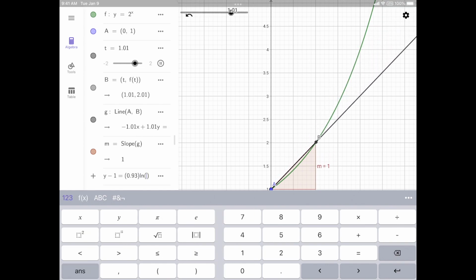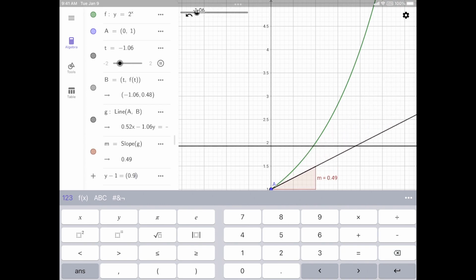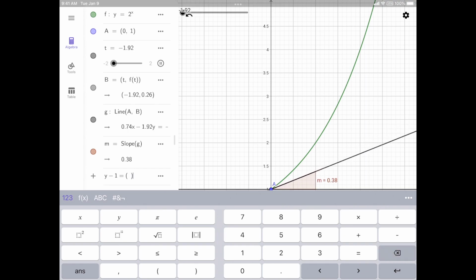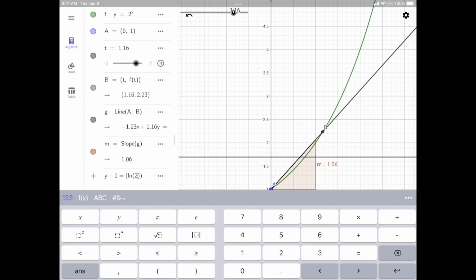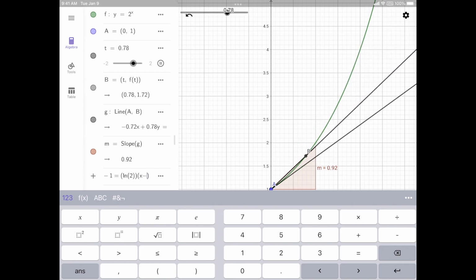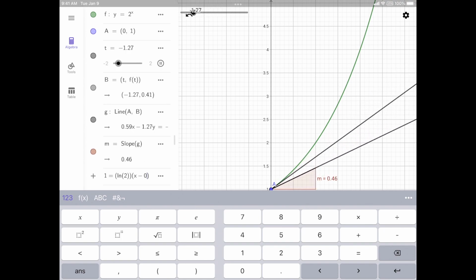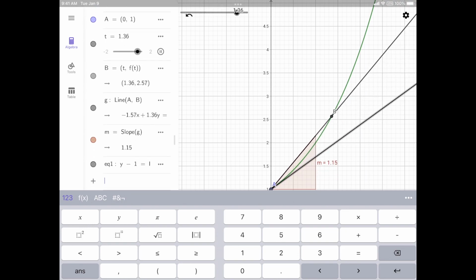Actually, I'll erase that because I don't want that 0.93 in there. Just ln of 2, so that's the slope, and then x minus 0. So that's the point slope because (0, 1) is my point, and the slope is ln 2. That's the point slope equation of the line that I think is the tangent line. So I hit enter. So that's the other equation.